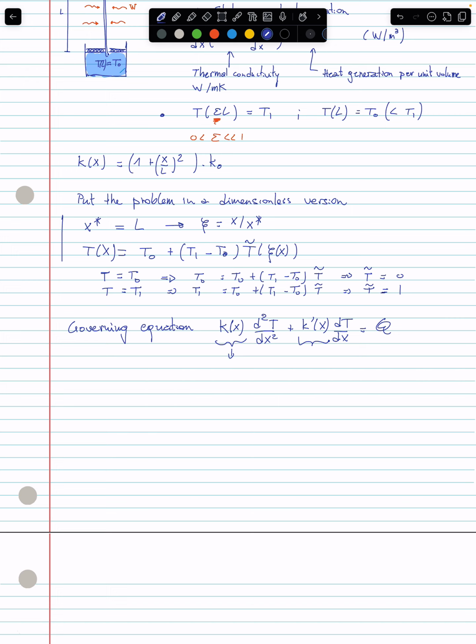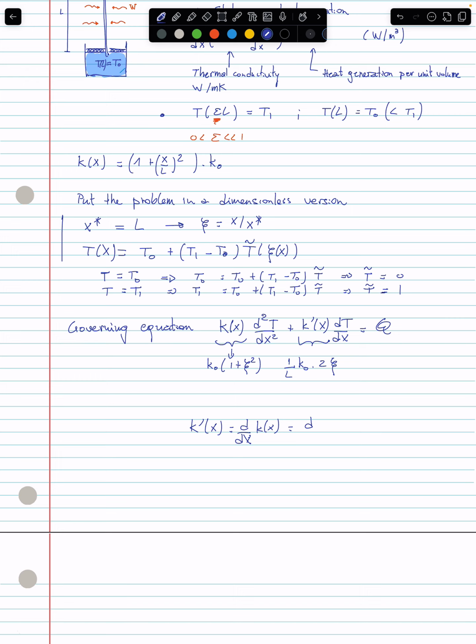So k will be k0 multiplied by 1 plus xc squared. And the first derivative with respect to x is k0 times 2 times xc, divided by L, because this is a derivative with respect to x. In some sense, we could have just written this as a first derivative with respect to x.